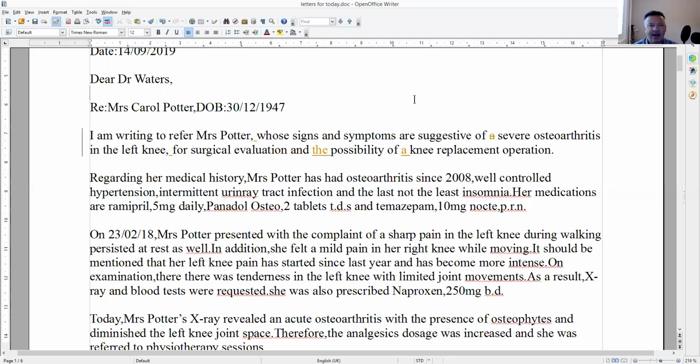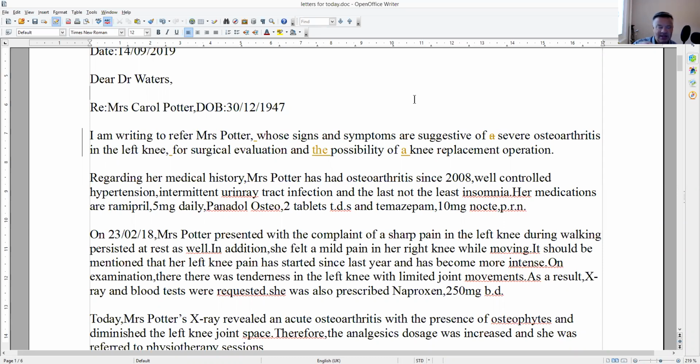But then again, if you do it like that, then whose signs and symptoms would be a non-defining relative clause. And we really need this information. It should be a defining relative clause, essentially, because this is important information. So you could do, I'm writing to refer Mrs. Potter for surgical evaluation and the possibility of a knee replacement operation.